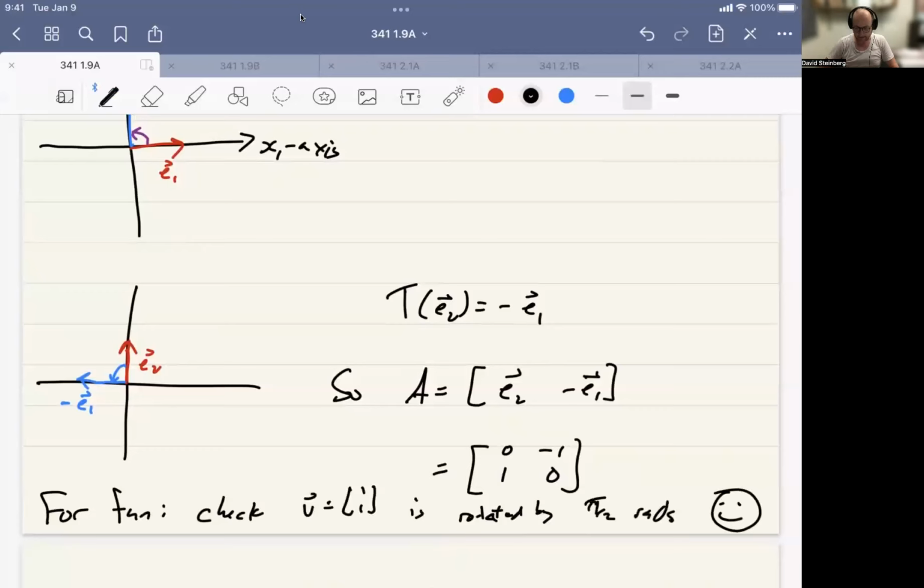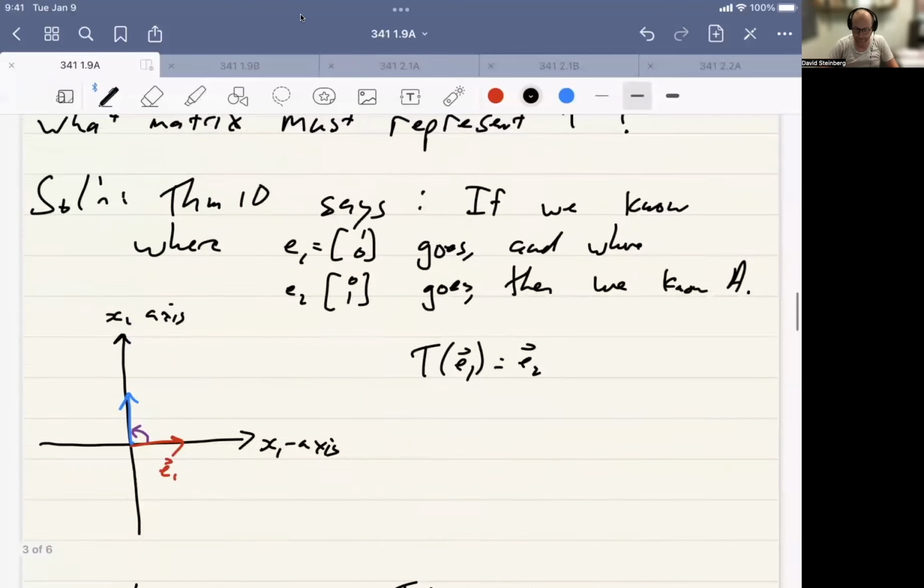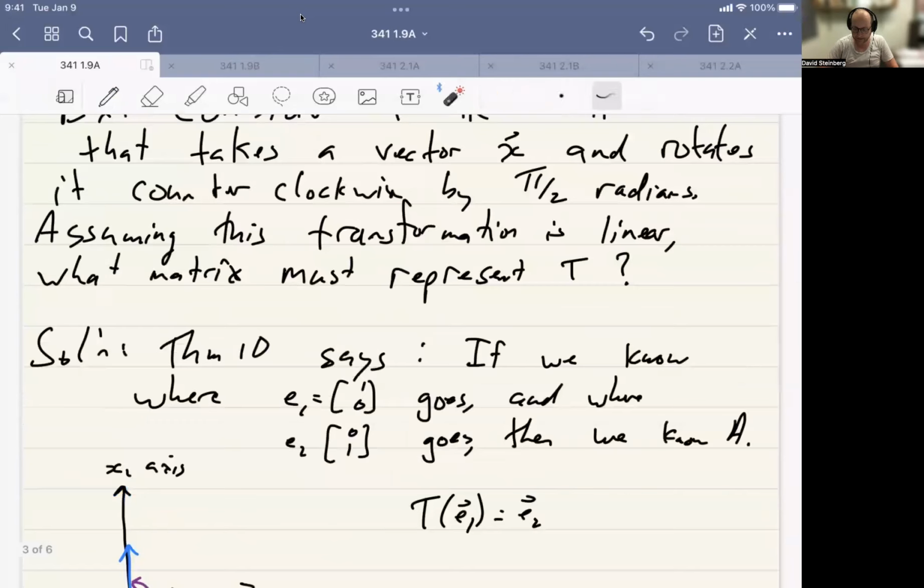Okay. And there's nothing special here about pi over 2. You could do any rotation. In fact, I'm pretty sure the textbook goes over an arbitrary rotation, theta, instead of a concrete one. So you're encouraged to take a look at the textbook to see more examples.